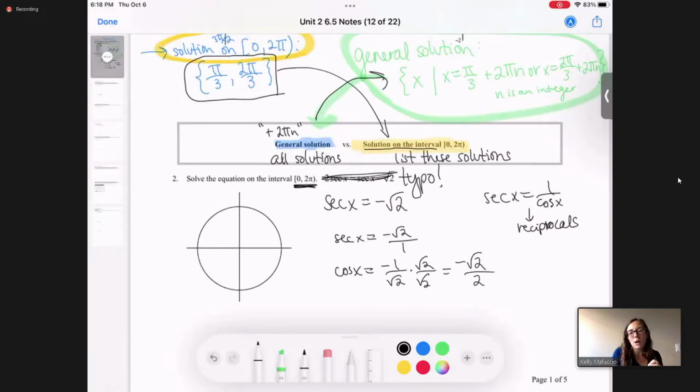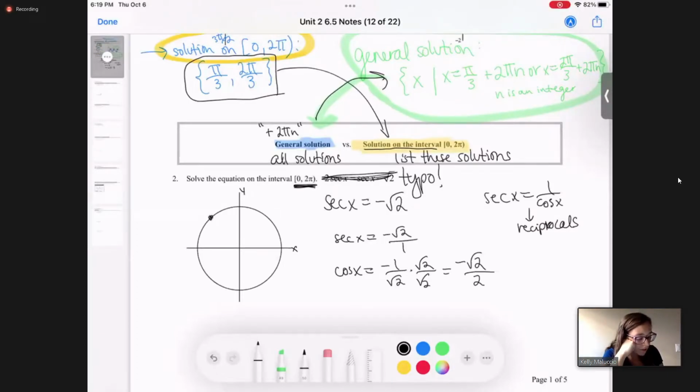Now I'm working with something good, because I know this is the pi over 4 intervals. But I want cosine to be negative. Remember, we have x and y, and cosine is the x.